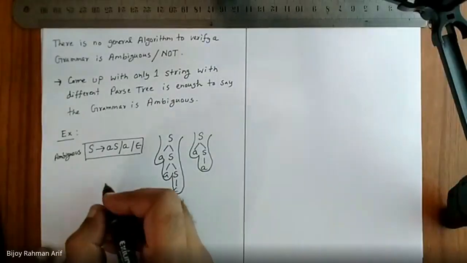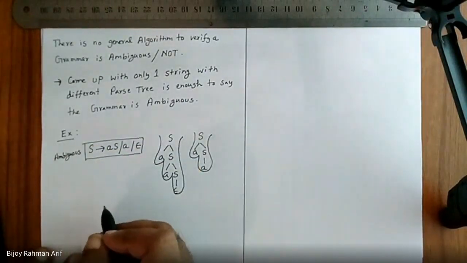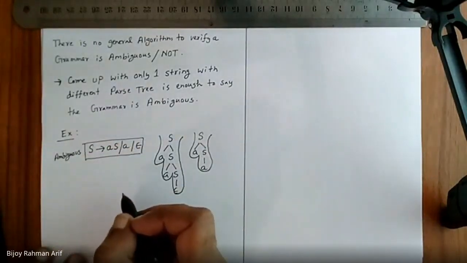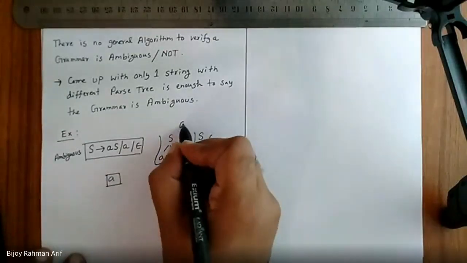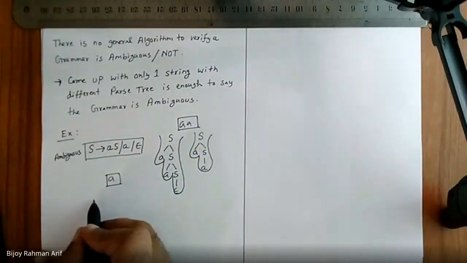So we can take a single character like A. Not any character, only A is inside this grammar, right? You cannot take a single character like B or C, they are not inside this grammar. So let's take A. If you take A, still we get two different parse trees.